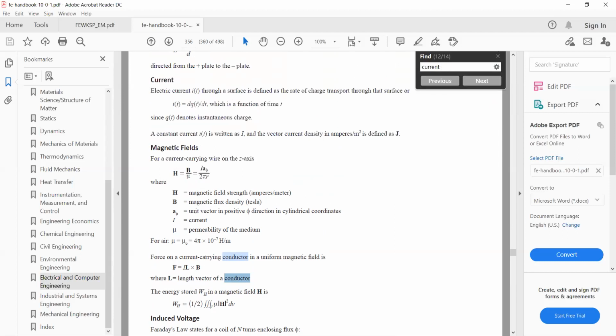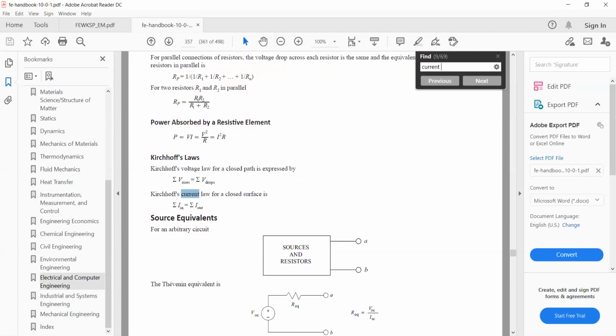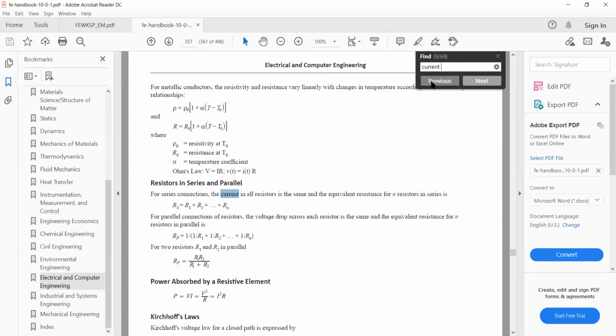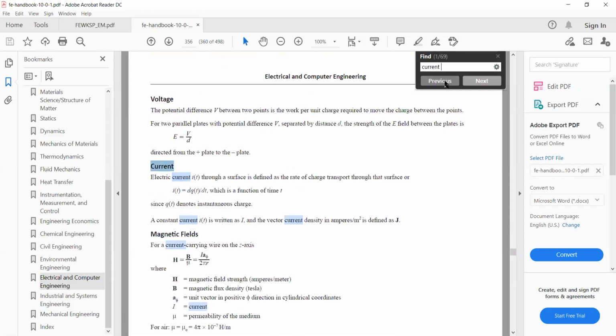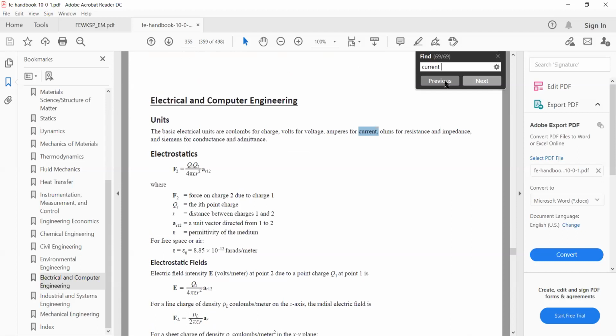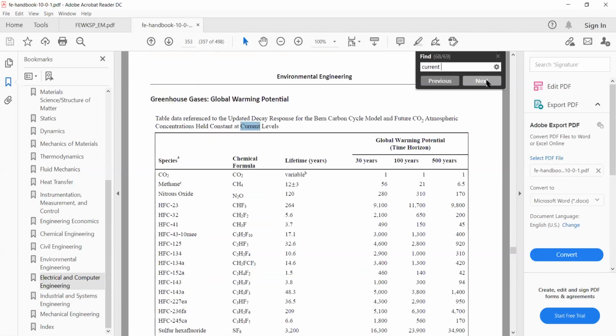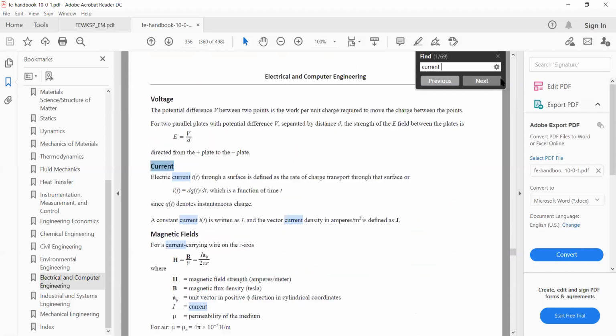Nope. Many instances of current. That's a lot of current. Interesting, I wonder if it is in here.